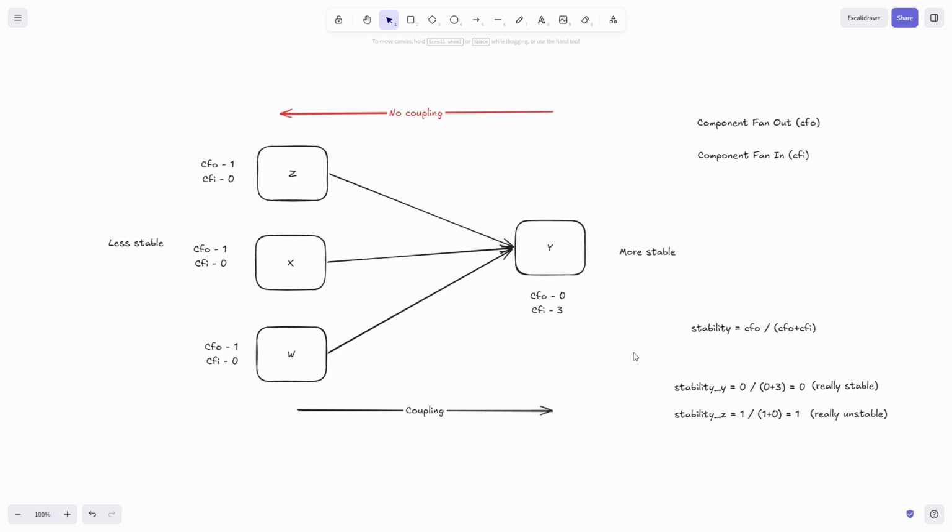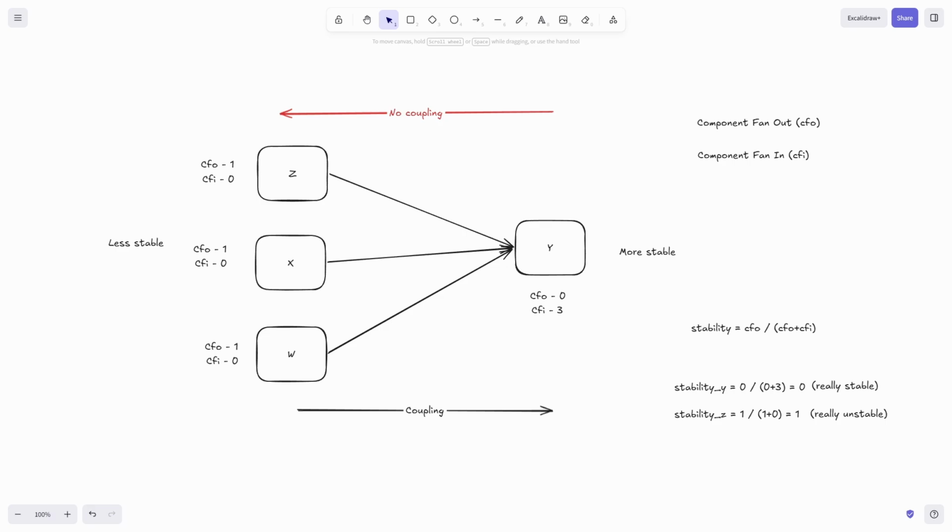This stability range goes from 0, which is really stable, to 1, which is really unstable. In this case, z is really unstable because it has only dependencies. Nothing depends on it. It depends on a lot of things outside of it.